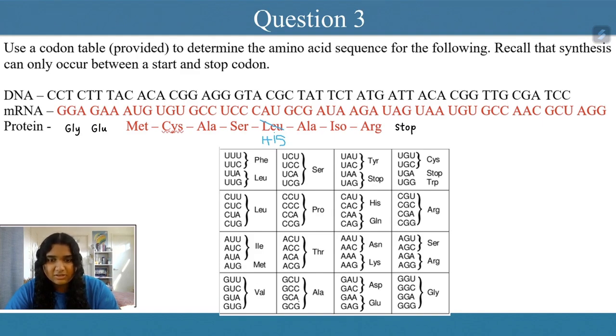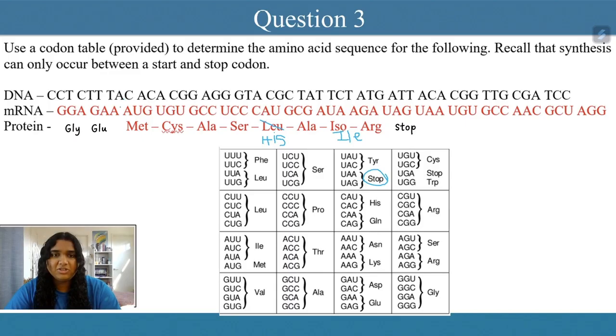GCG is ALA. Yep. AUA is ILE. And then AGA is ARG, and then UAG is the stop codon right here.